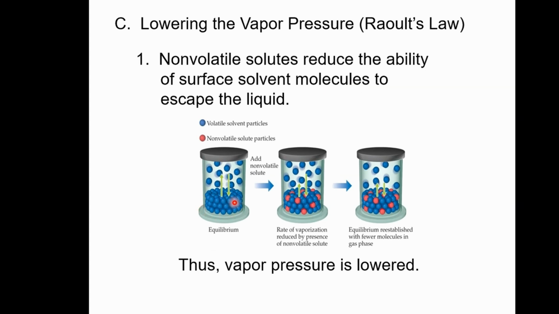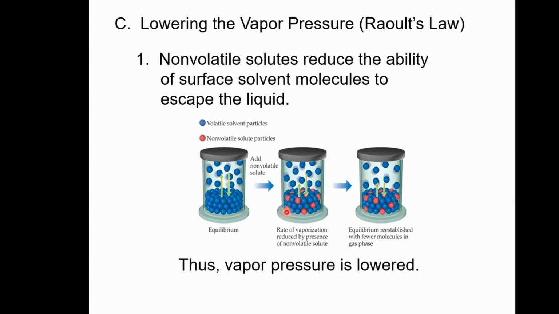So here's a liquid, and it has some kinetic energy, and some molecules escape. That gives you the vapor pressure. All right, then we dump in some sugar, and now we see a fat sugar molecule there, and another one there, and another one there. So this random movement runs into a sugar molecule and bounces back down.